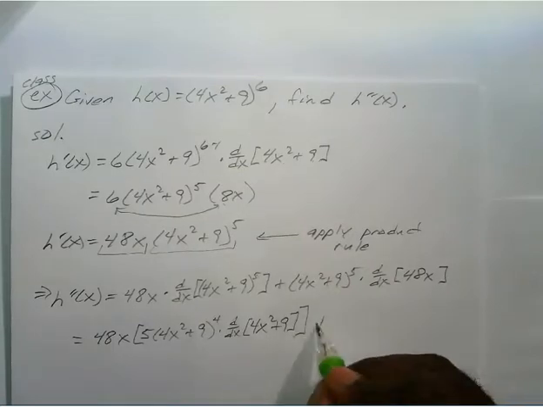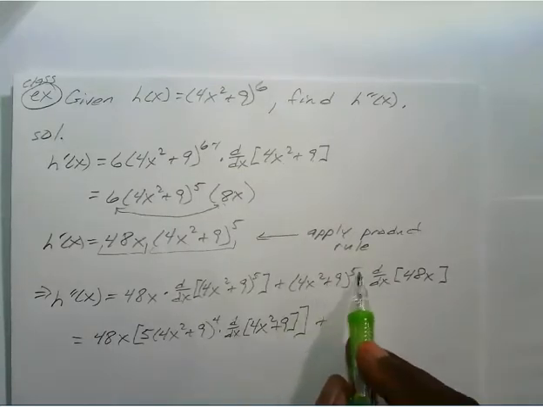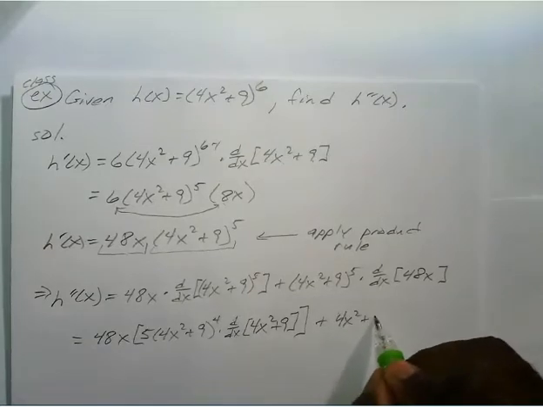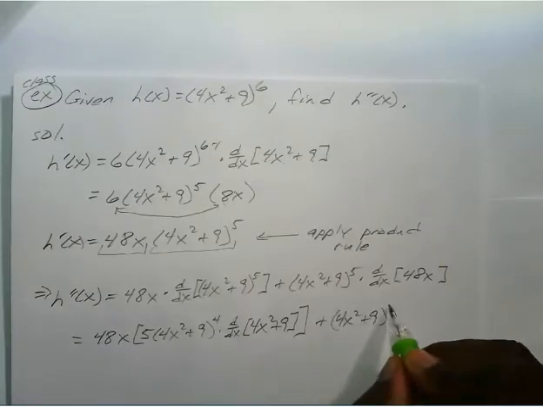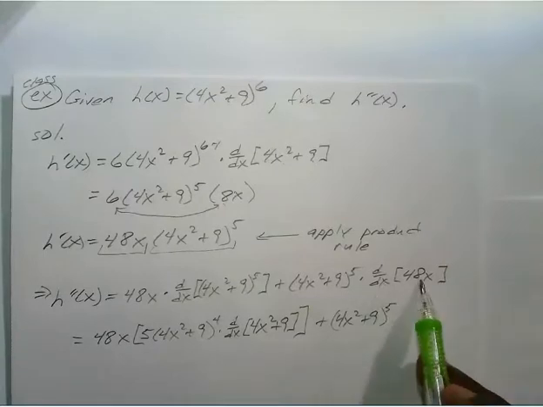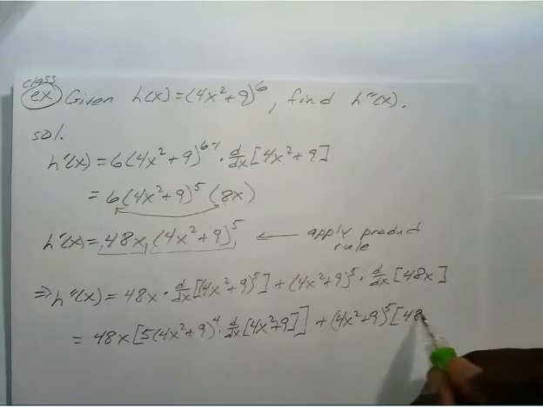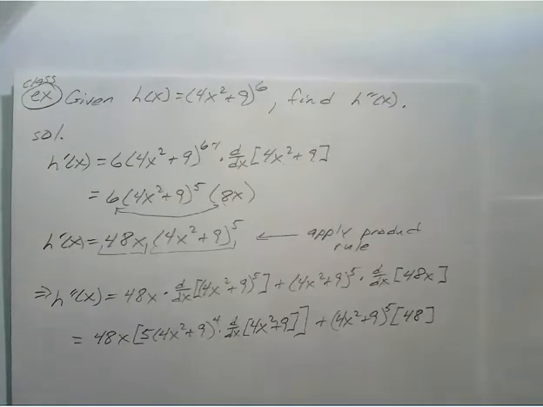Okay, plus we have (4x squared plus 9) to the 5th power times the derivative of 48x, which is just 48. Okay, so it can get a little bit tricky, but as long as you stay with the correct concept, you should be okay. It takes a little bit of practice sometimes.